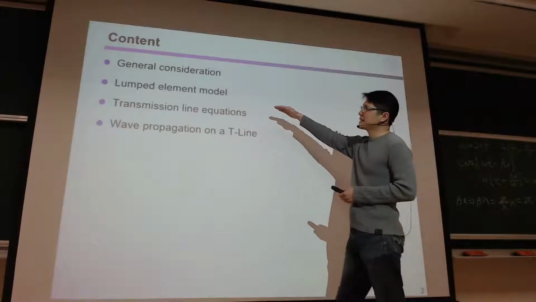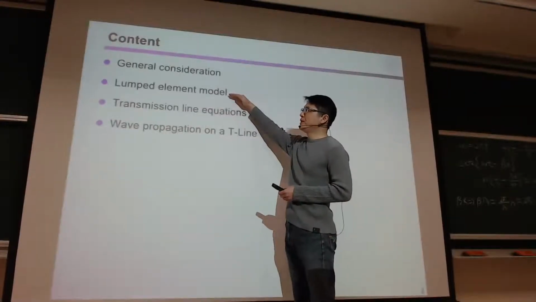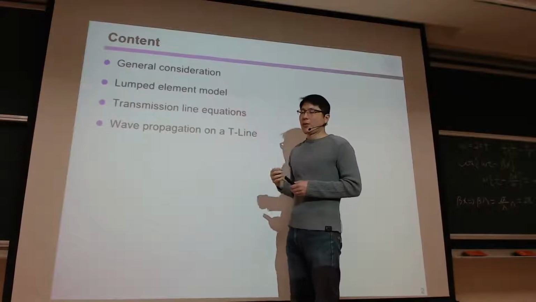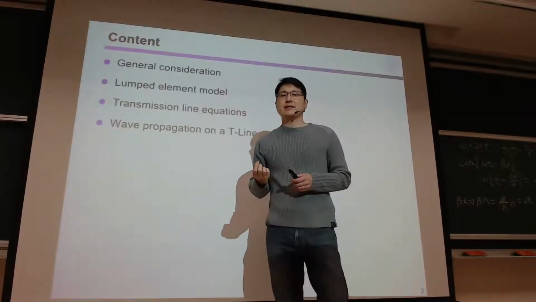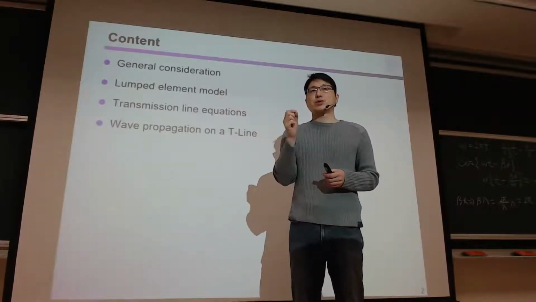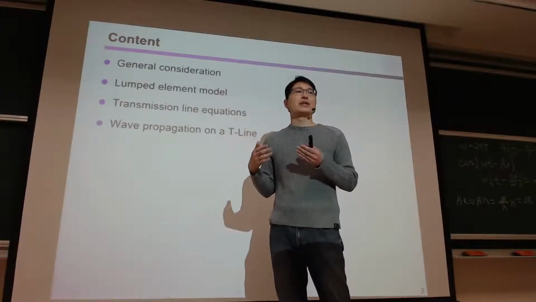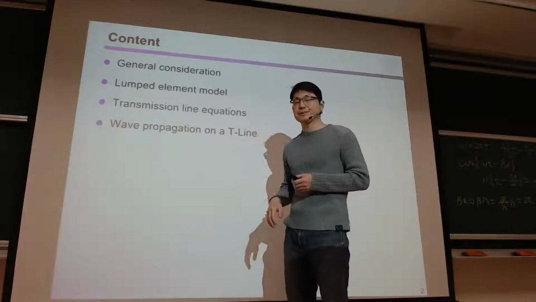And then the second step would be very important, very fundamental. I want to let you understand the difference between a transmission line and a conventional circuitry that you already learned last semester.